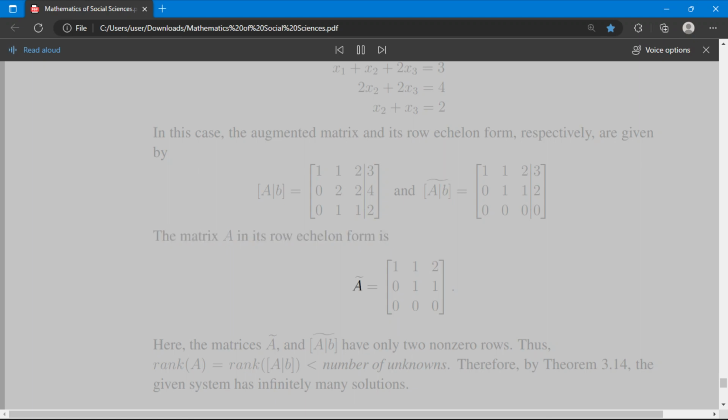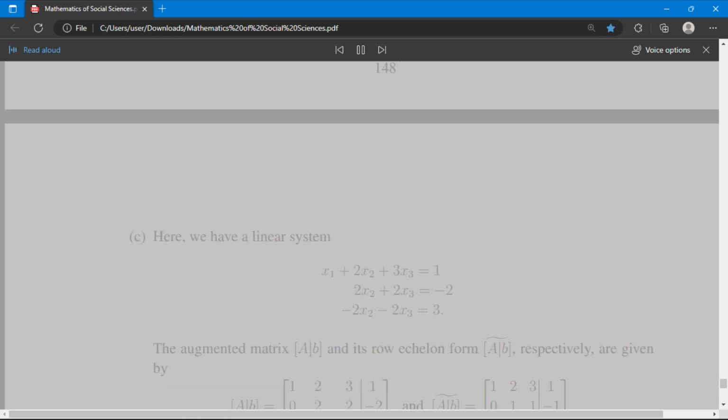The matrix A in its row echelon form is AE equals [1, 1, 2; 0, 1, 1; 0, 0, 0]. Here, the matrices AE and GAB have only two non-zero rows. Thus, rank A equals rank AB.